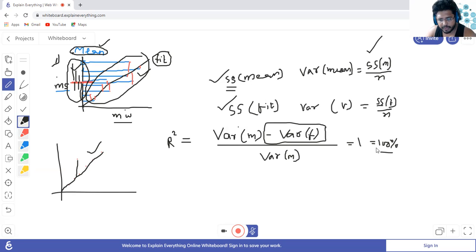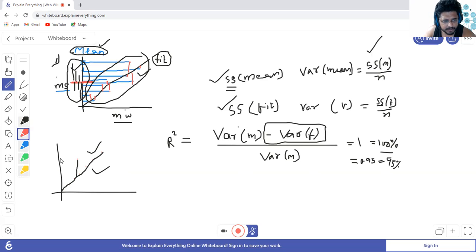So this value will not be 1, this will be something very close to 1, say 0.95 or 95%. So that means now using this best fit line, I can predict my future data with a confidence of 95%.